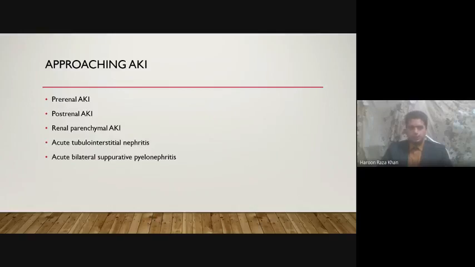Causes include, for example, hypovolemia, like dehydration, hypotension, like in shock, low cardiac output, for example, cardiac failure or cardiogenic shock, or other causes can be due to ACE inhibitors, or even NSAIDs can cause this condition.